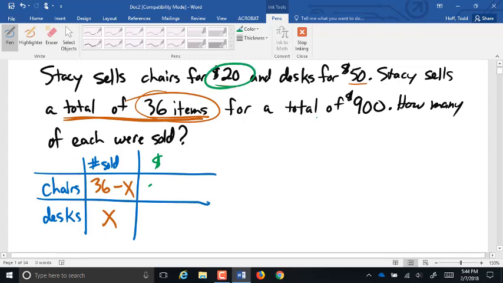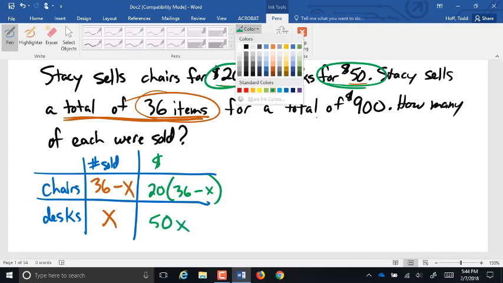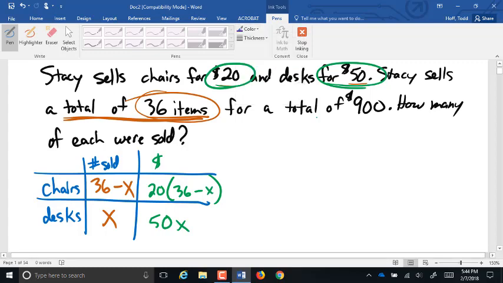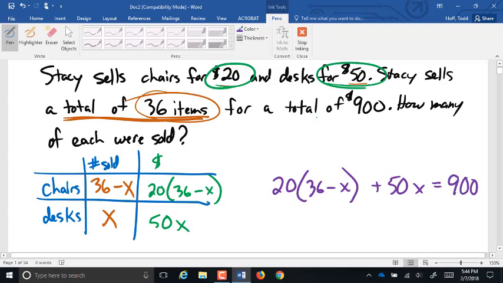Chairs were $20. So it's 20 times 36 minus X. Desks are $50. So that's 50 times X. So I have 20 times 36 minus X plus 50X has to add up to my total of $900.